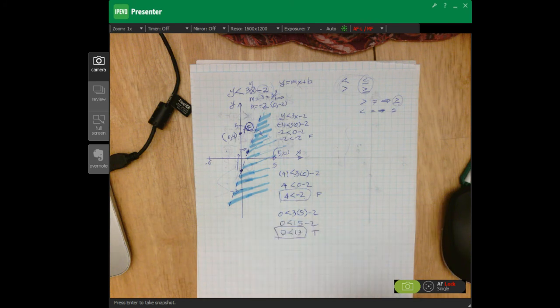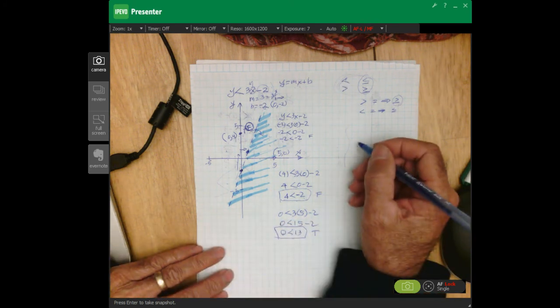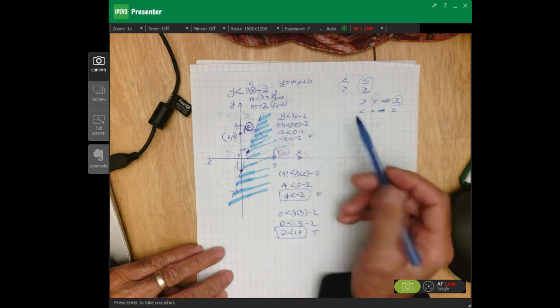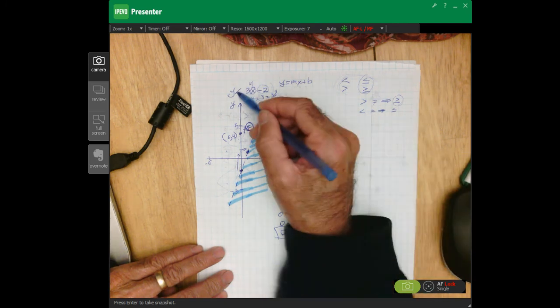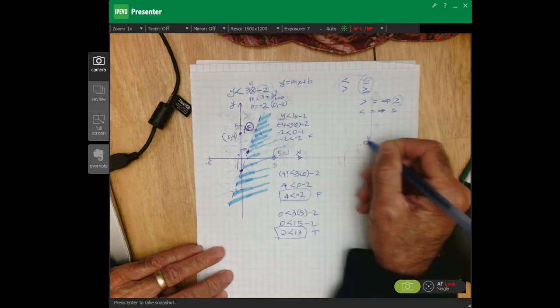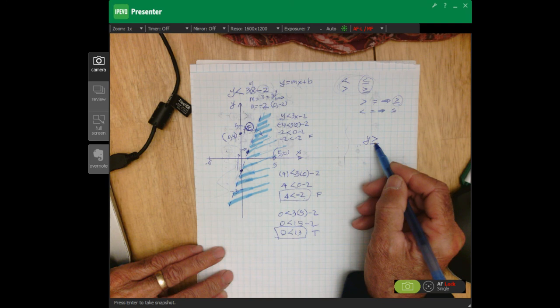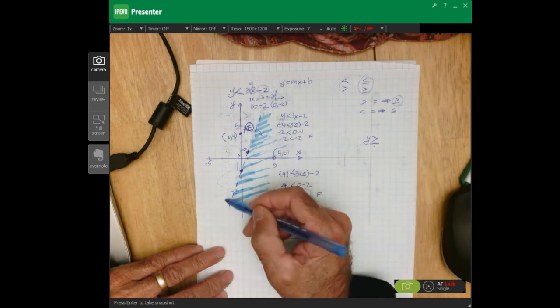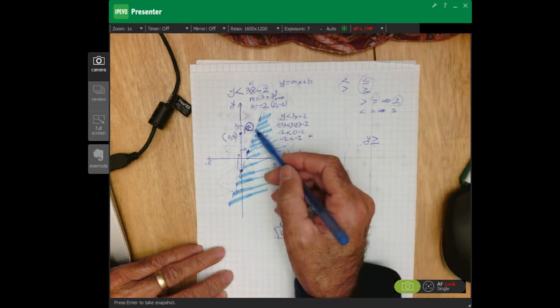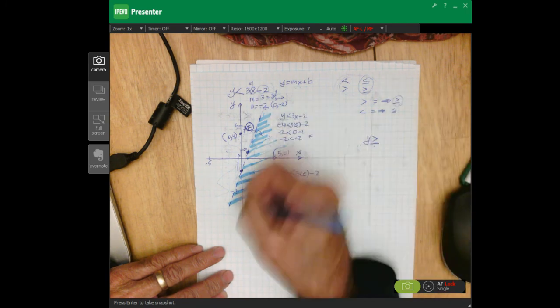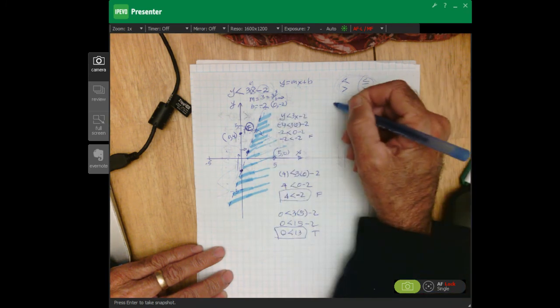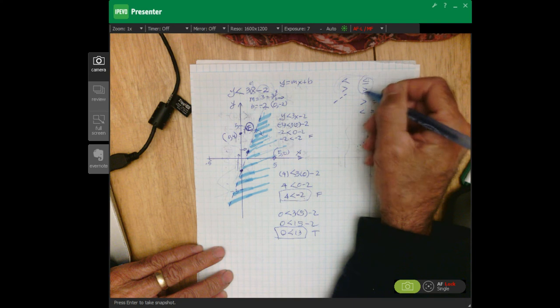Okay. Now, the only difference between graphing one like this and one where it could be equal as well is that now whatever is on the line would be true. And so instead of a dotted line, or dashed line, I should say, so this is going to be dashed, this will be solid.